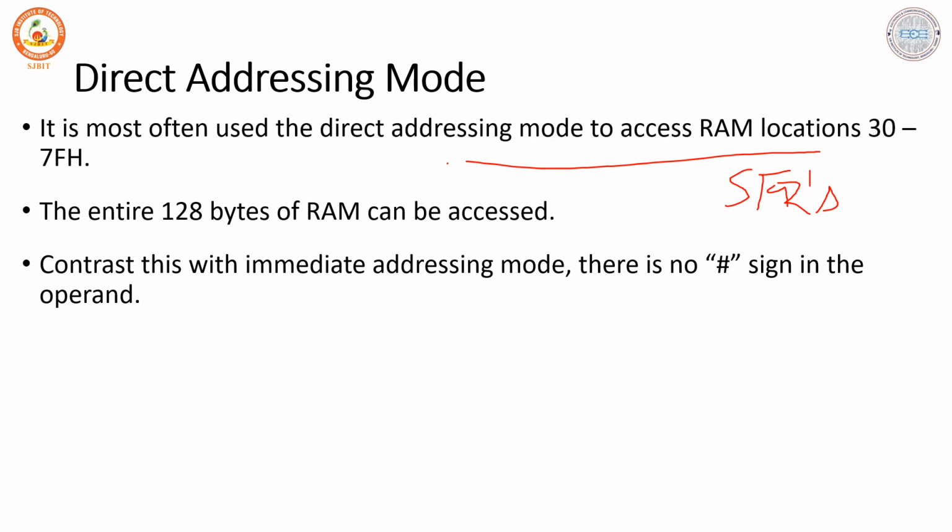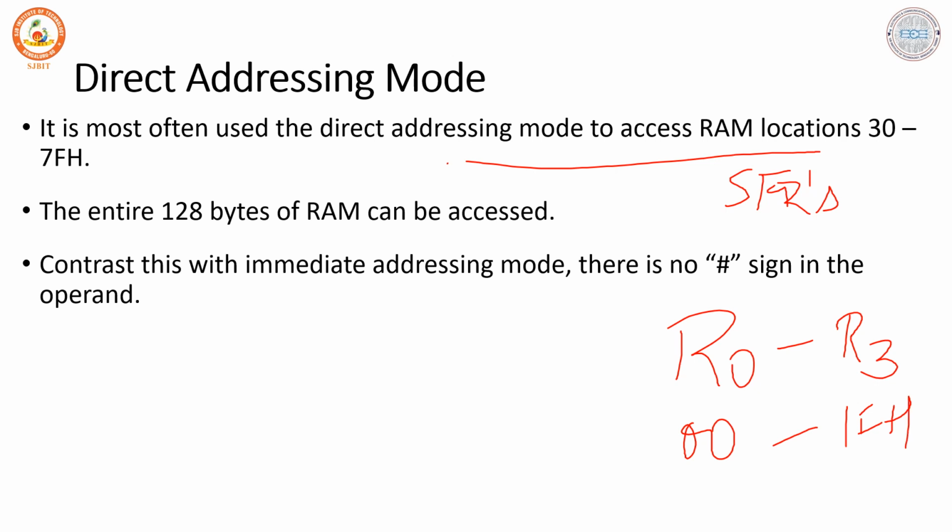And when we talk about the registers, the 4 register banks we have, R0 to R3, these 4 register banks will occupy the addresses from 00 to 1FH. Each of these banks is addressed by its names, so I can take it as R0, R1, R2 up to R7.